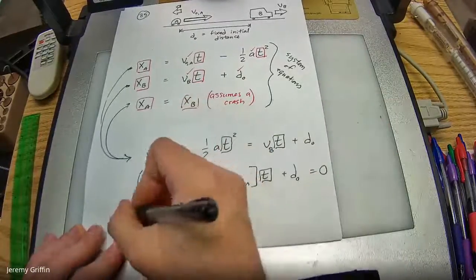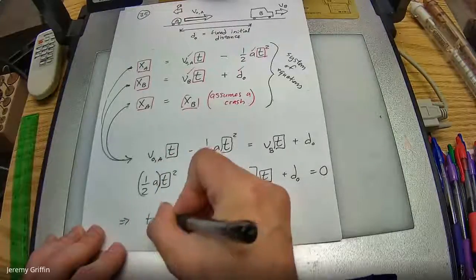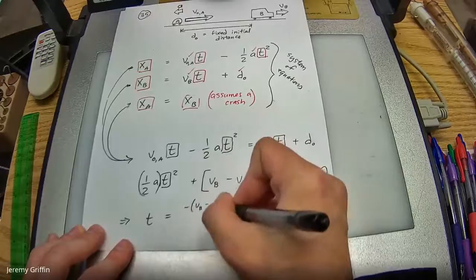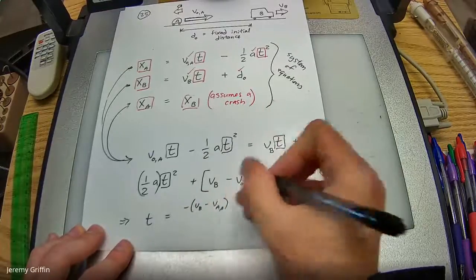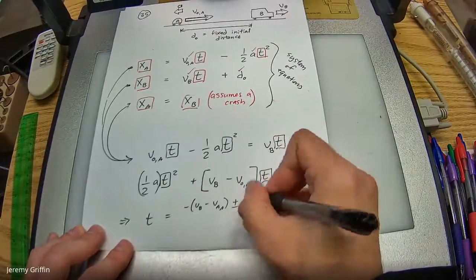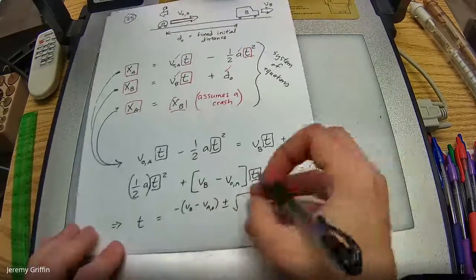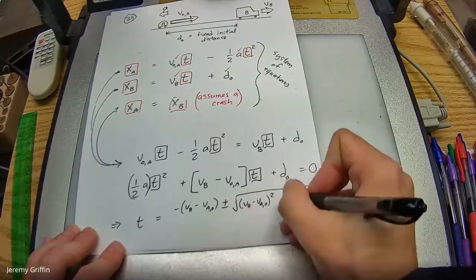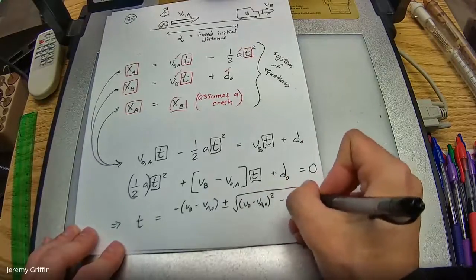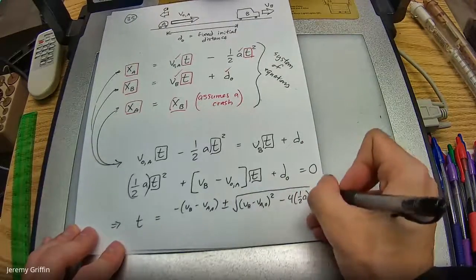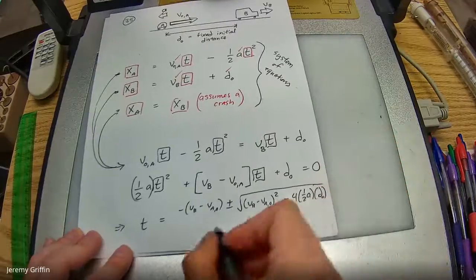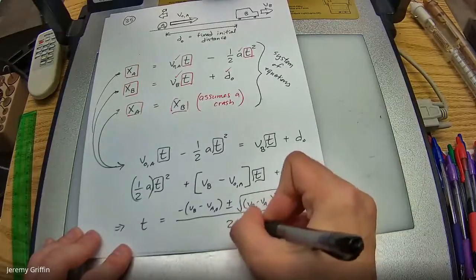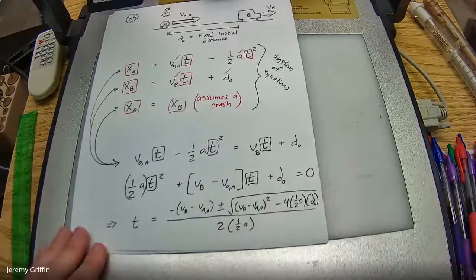You guys see that I can extract t by saying t equals negative b, that'd be negative vb minus va naught, or va naught minus vb, same thing, plus or minus the square root of b squared, so that's vb minus va naught squared, minus 4ac. Ooh, just fits in there. All divided by 2a. Isn't that what that would look like?